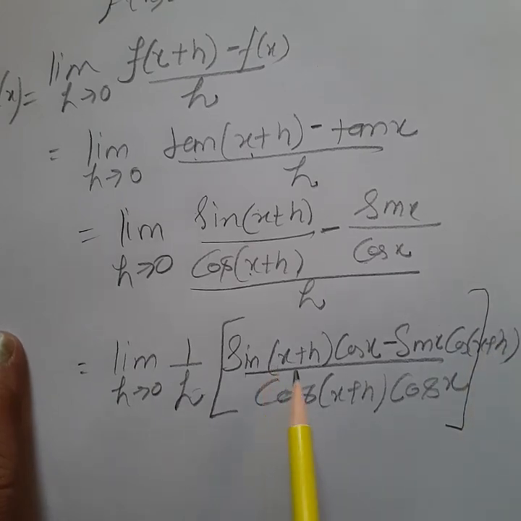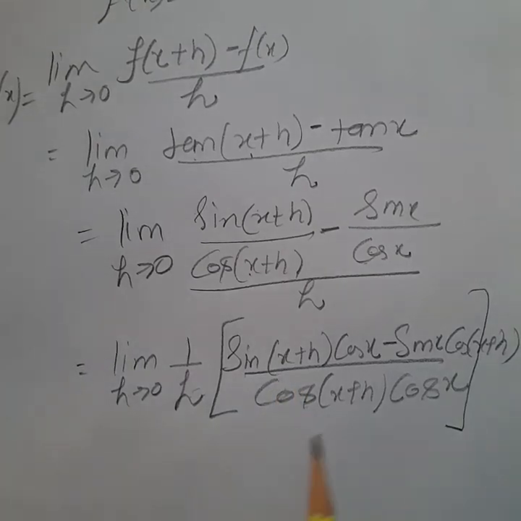So you can see that here we have the formula, meaning you should use the formula sine a cos b minus cos a sine b. What is a here? a is the value x plus h, and b is the value x.